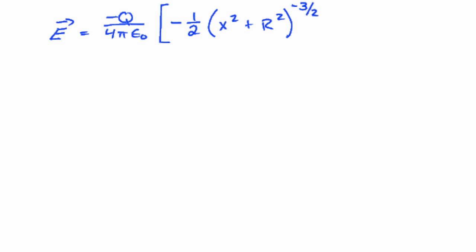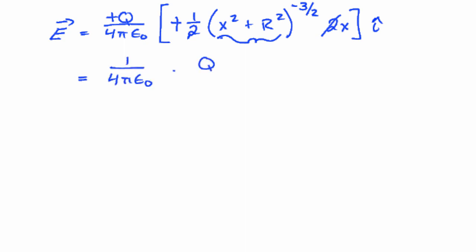Now I need to take the derivative of what's inside, which is 2x. Again, this is all in the i hat direction. My 2 cancels with my 1/2, and my two negatives cancel, making it positive. So I can now rewrite this, taking the quantity in the parentheses and moving it back down to the denominator. You'll notice that my negative sign in the exponent has disappeared and it's now a positive 3/2 in the exponent.